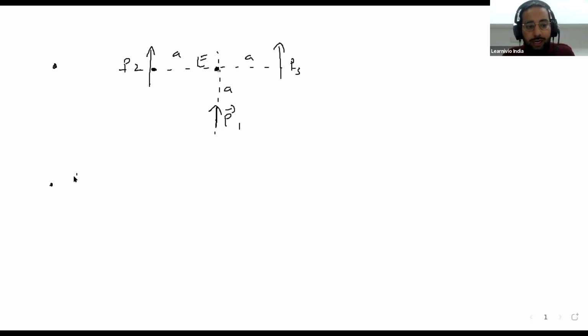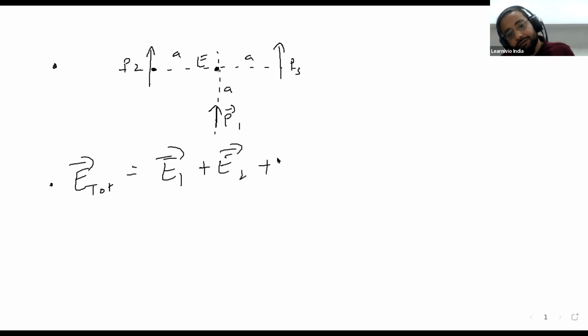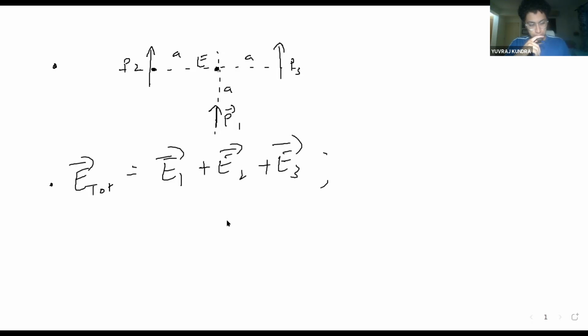So our total electric field will essentially just be the sum of the electric fields, correct? The electric field because of 1, how much will it be? Sir, since you are talking about along the axis, it's going to be twice.